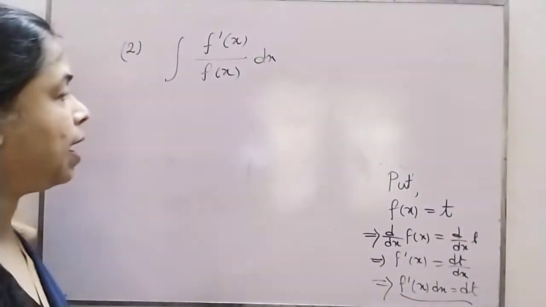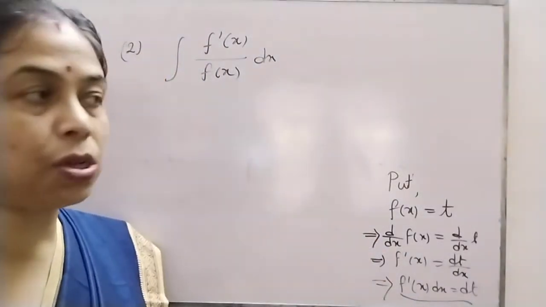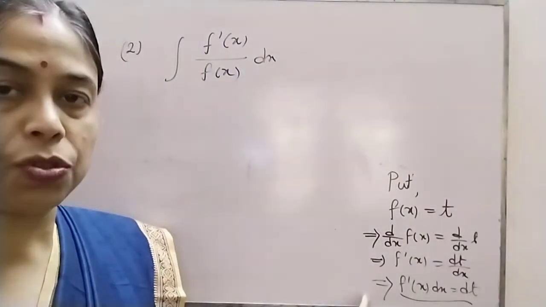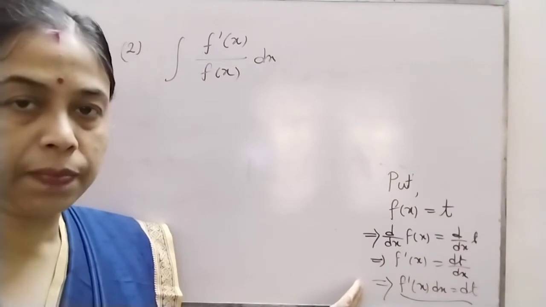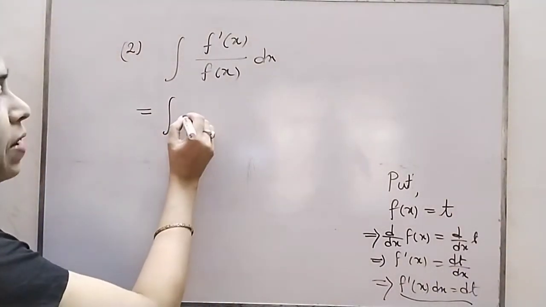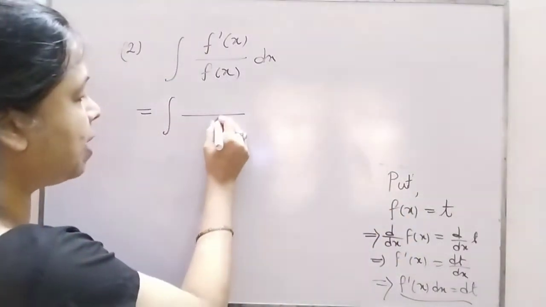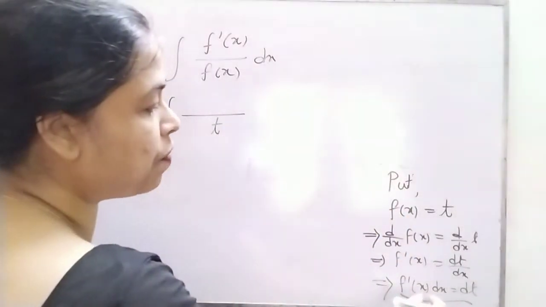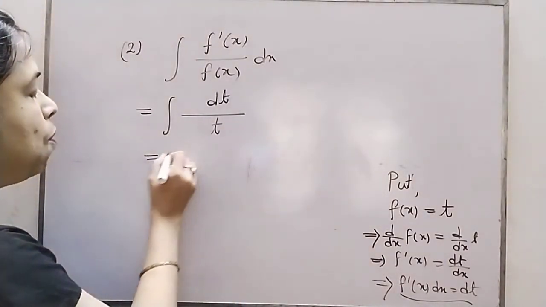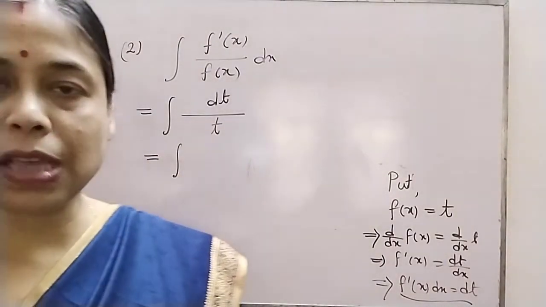Then you see, again I can use the same substitution, because we know the derivative of fx is f dash x. So I have used the same substitution. Again, you have to write down all these things. Then, in the place of fx, I can put t, and in the place of f dash x dx, which is in the numerator, I can write dt. Now, hope you remember what this standard form gives you?